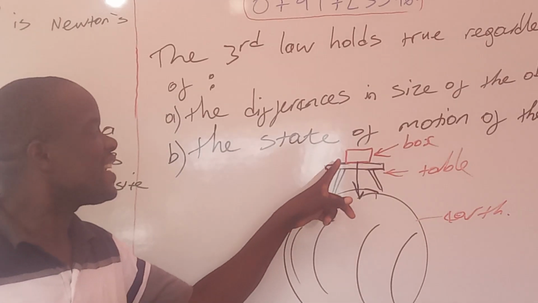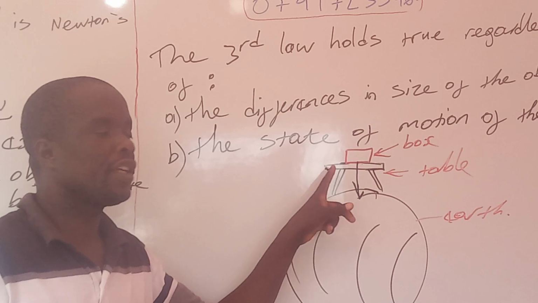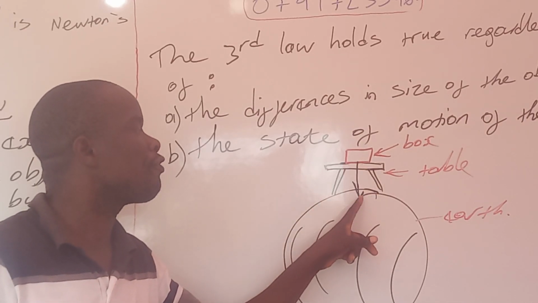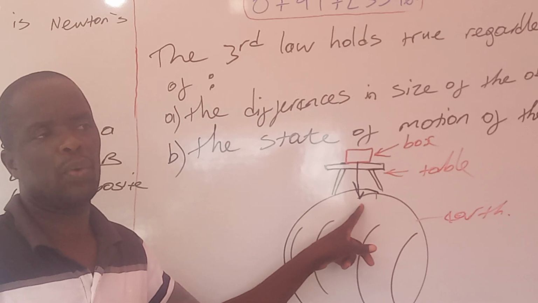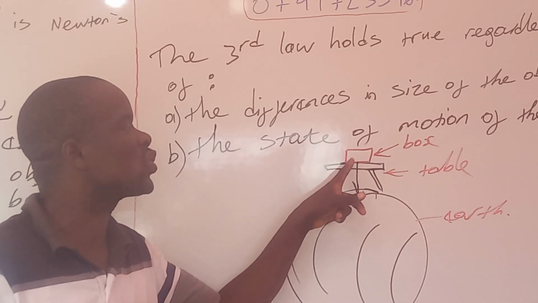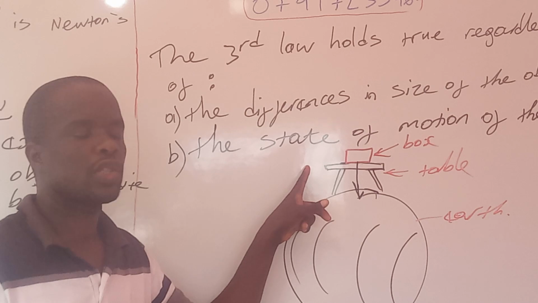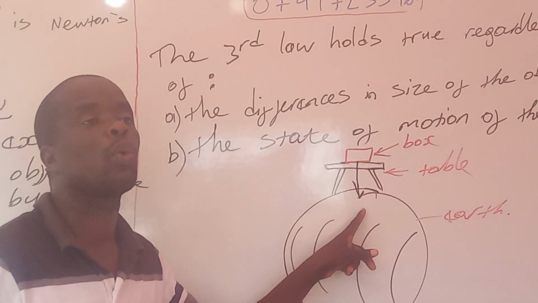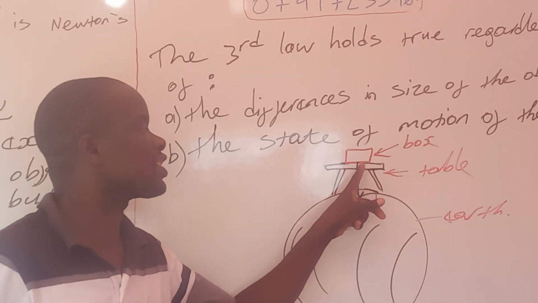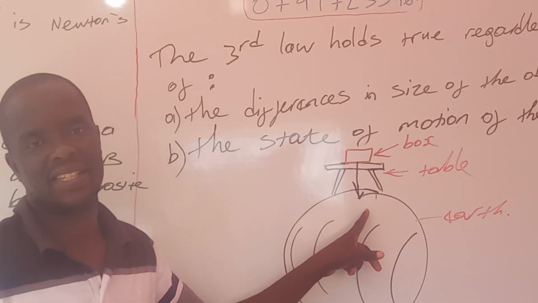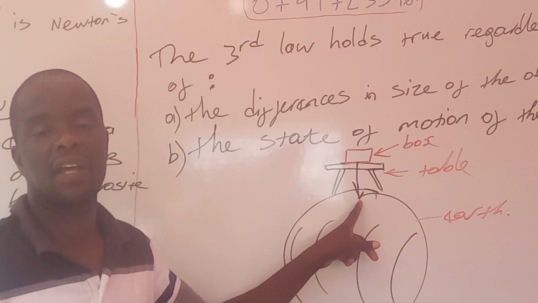Now, if we didn't have this table here, the box would continue moving until it hits the surface of the Earth. But now this table is doing something to the box so that the box does not continue going down until it hits the surface of the Earth.